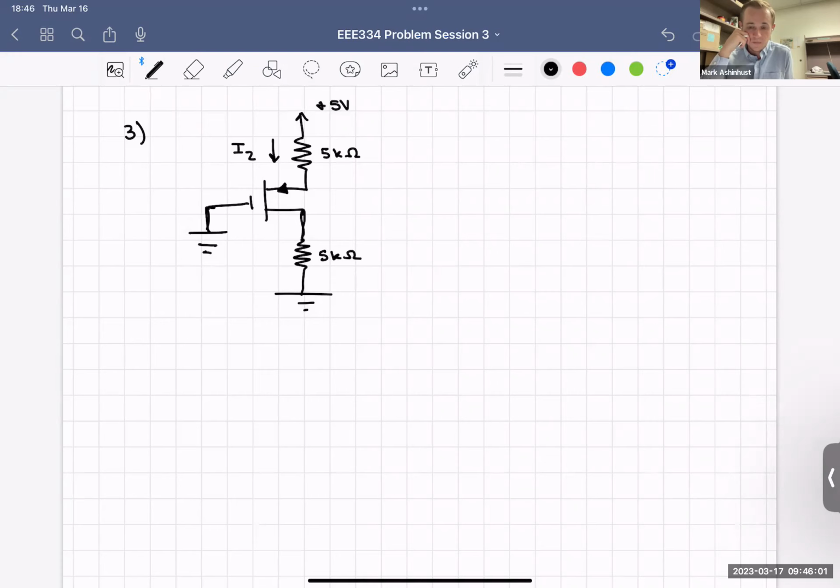So number 3 is like number 1, but I changed a couple things. There are 2 main things we'll see that changed. Number 1 that I would notice here is we're not NMOS anymore.